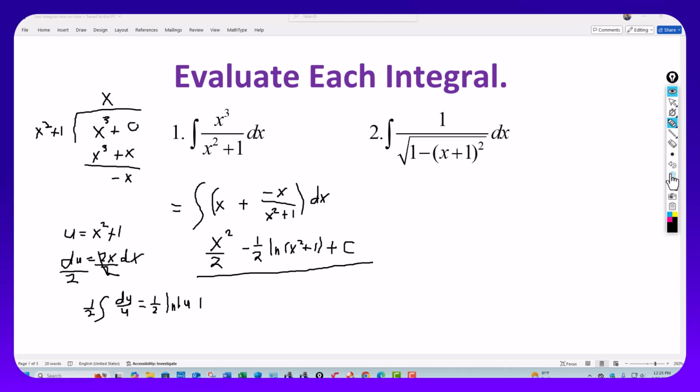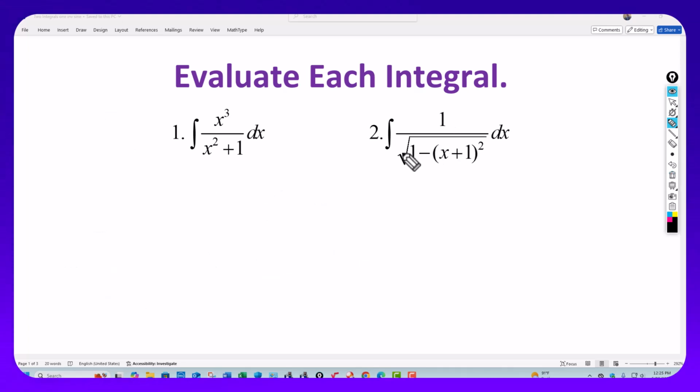Let's go on to the next one. Anytime you have the square root of a difference of squares, or you can write it as a difference of squares, then you usually have a trig substitution possibility. And there are also formulas that lead to inverse trig functions.